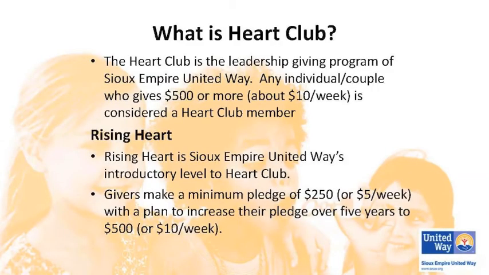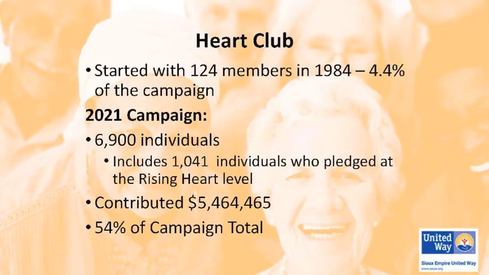And then we also have a Rising Heart program, and that is when givers make a minimum pledge of $250 with a plan to increase their pledge over 5 years to $500. This was started in 1984 with just 124 members and made up about 4.4% of the campaign. And in the 2021 campaign, we had 6,900 individuals who were Heart Club givers.